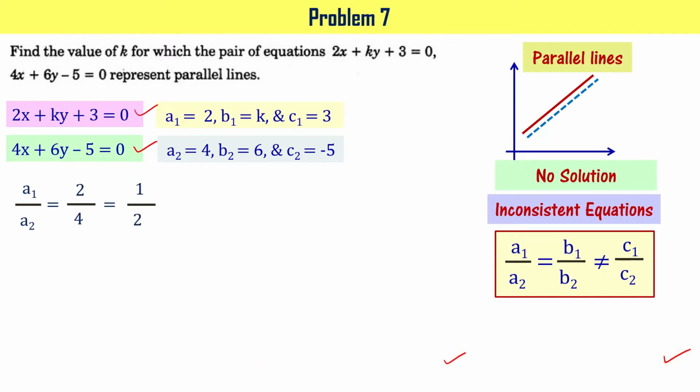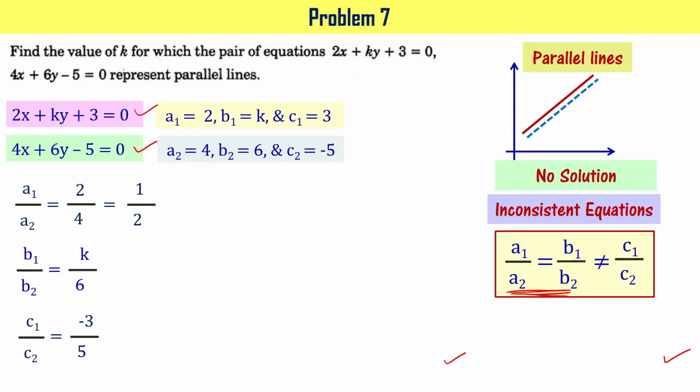Now let's take their ratios. a1 by a2 is 2 by 4, that is equal to half, right? And b1 by b2 is k divided by 6 and c1 by c2 is minus 3 by 5. As per this equation, a1 by a2 has to be equal to b1 by b2, right? Such that the lines are going to be parallel lines.